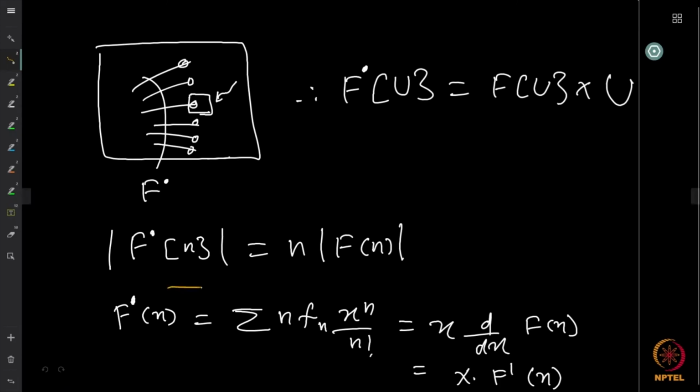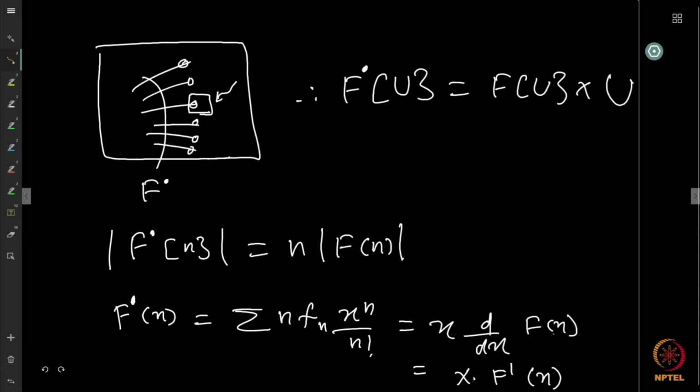And if this is true, of course, F dot of x must satisfy the following identity. It must have the form summation n times F n, because that is the number of elements on an n element set, x raised to n by n factorial. Now, if you take one x outside, it is basically x times d by dx of F of x, because F of x is sum F n x raised to n by n factorial.